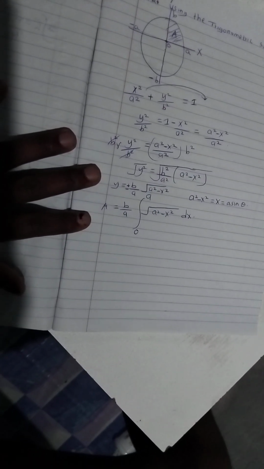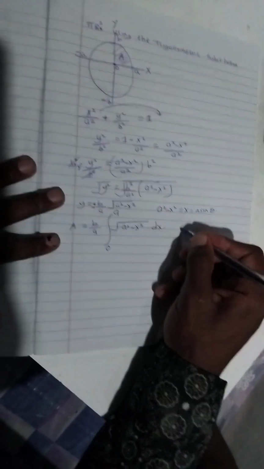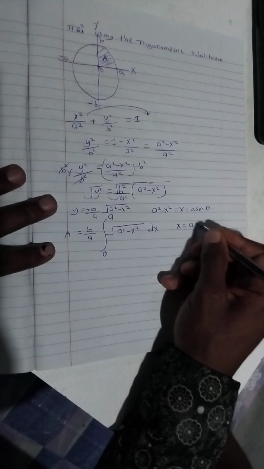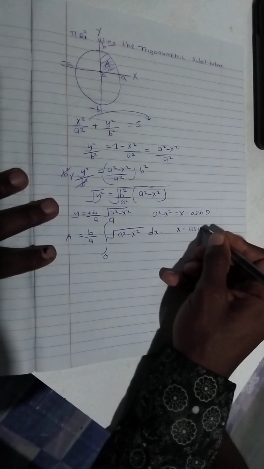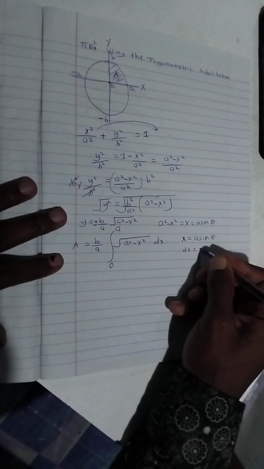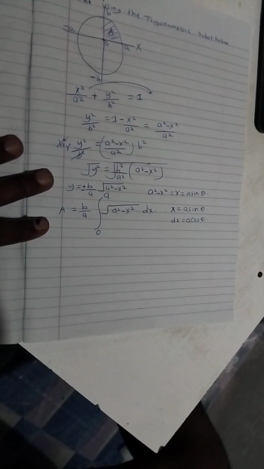From there, we now find from our trigonometric expression, x equals a sine theta. Then dx, as we all understand, the derivative of sine is cos. It will be a cos theta.